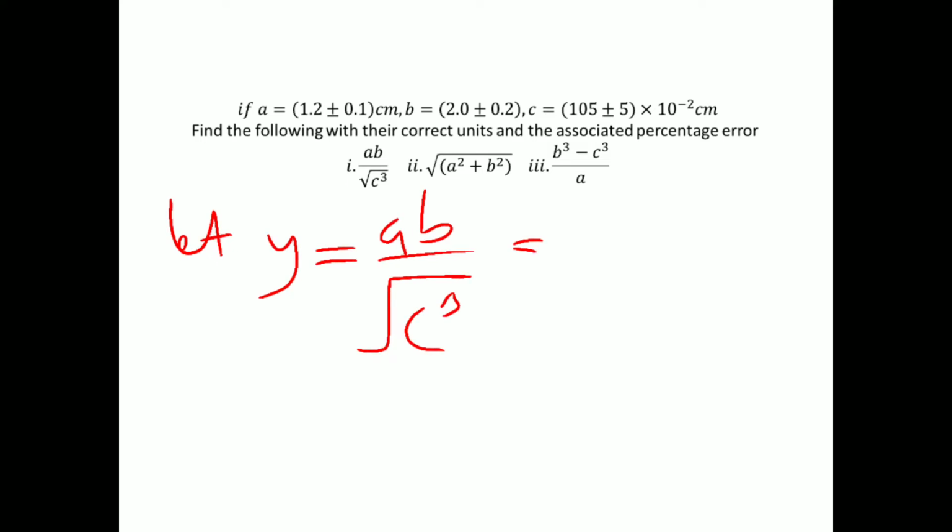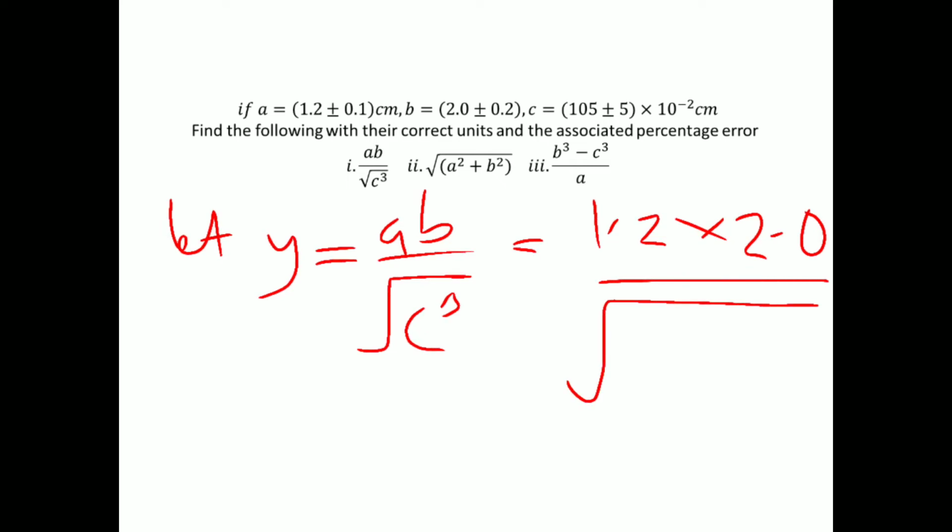If I substitute the values, my A is 1.2 times my B is 2.0, now divided by square root of C cube. C is 105 times 10 to the power minus 2, then all cube. Okay. Now I can find that directly using my calculator.